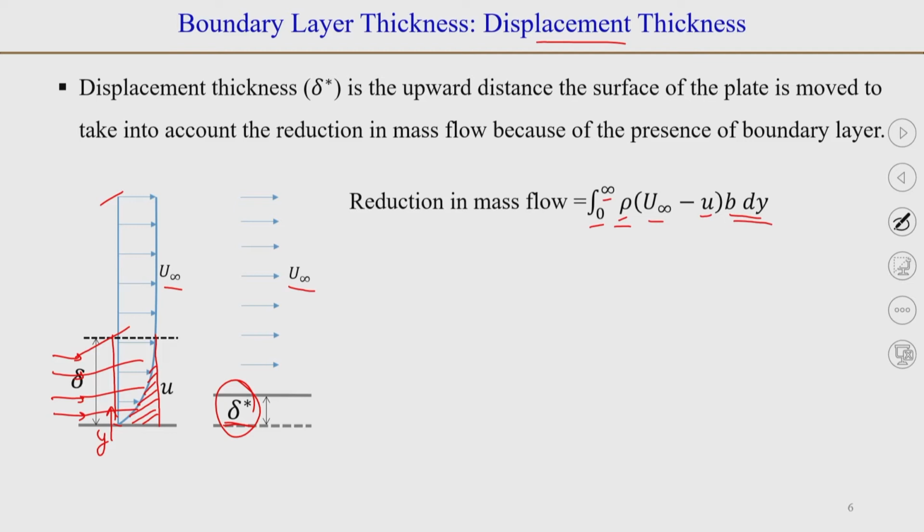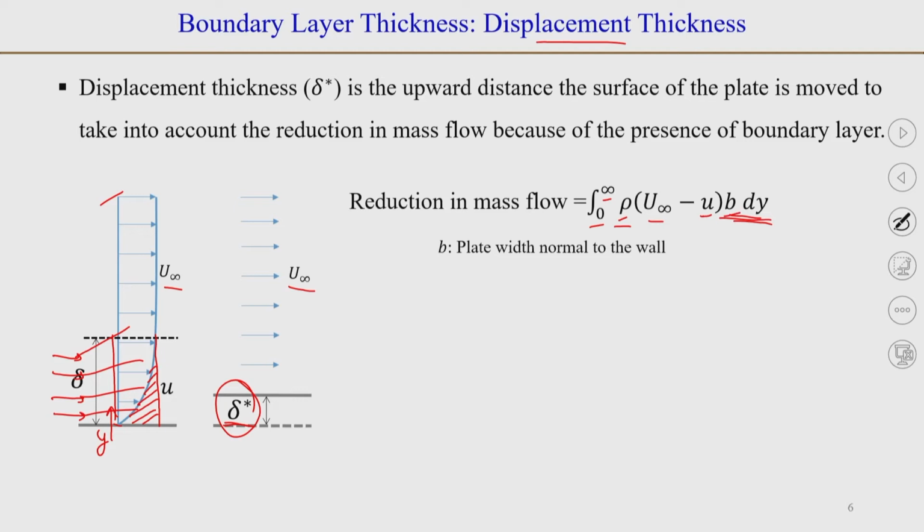So, the difference between the two will be the integral from 0 to infinity of rho within brackets u infinity minus u, b dy. And we know that at our boundary layer thickness delta, u is equal to u infinity, so this value will become 0.